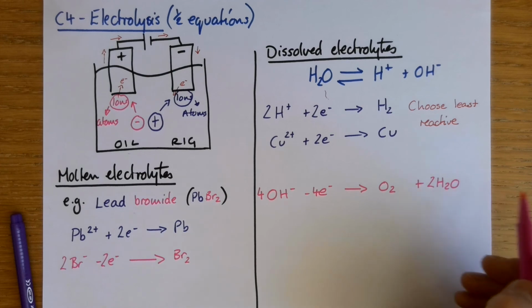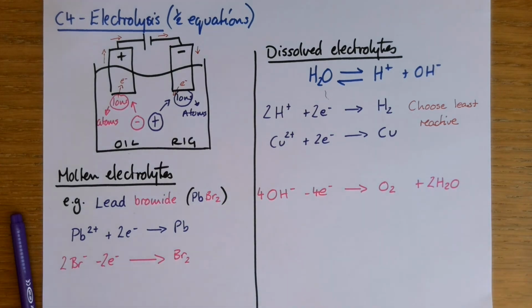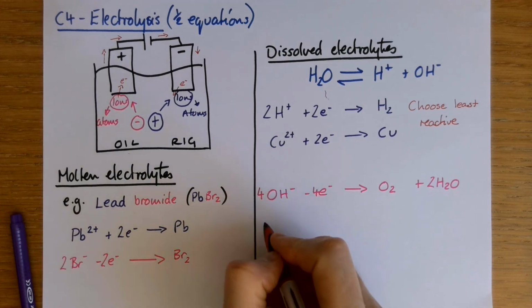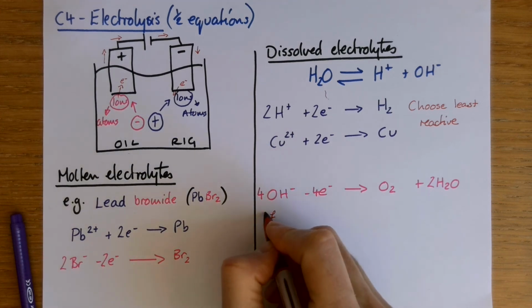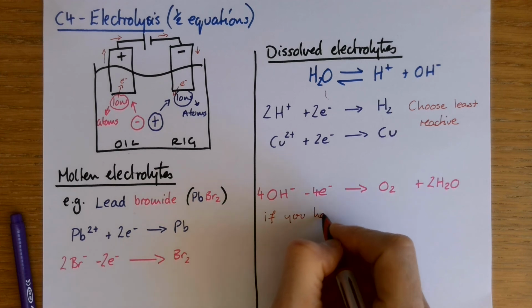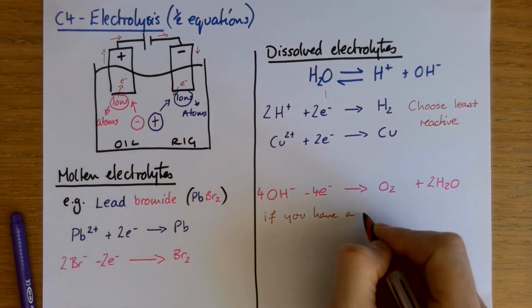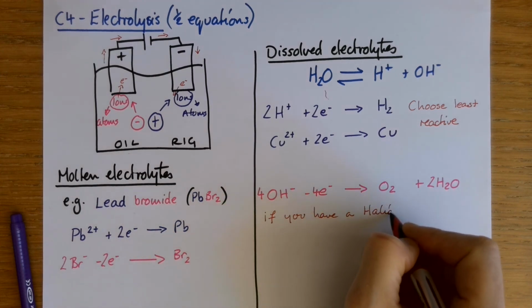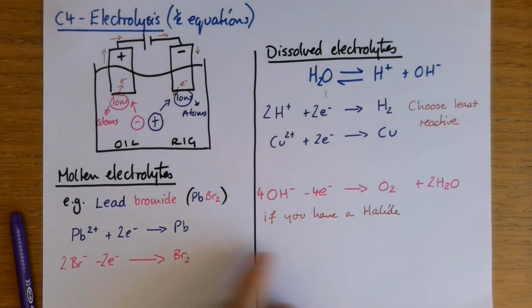Now, if you have a halide present, and a halide is anything in group 7, then the halide behaves similarly to what we had here. So this is bromide.